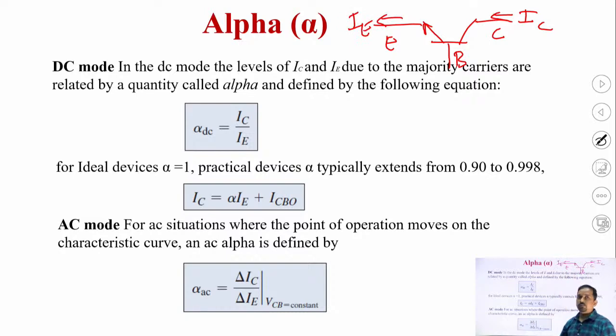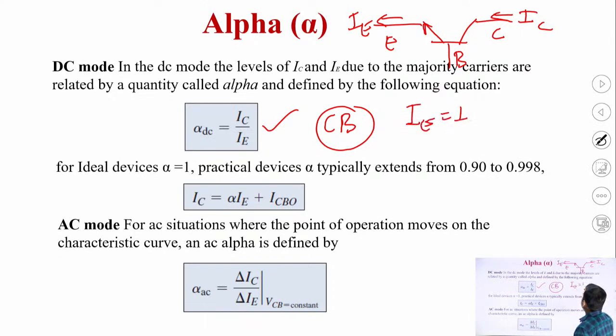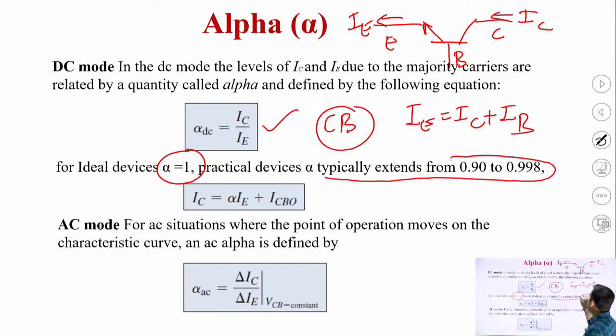The ratio IC by IE is known as alpha, and it is the current gain of the common base configuration. Also we are aware that IE is equal to IC plus IB. Typical values of alpha are between 0.90 and 0.99, and ideally, if IC is nearly equal to IE, then this ratio will be equal to 1.